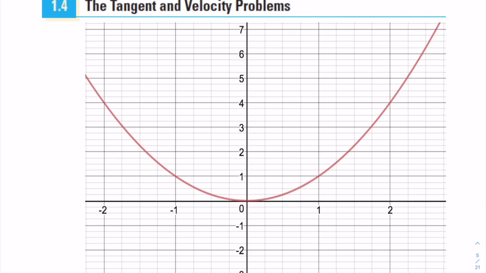Now, for those of you that picked these 2 points, you guys actually found the average rate of change of that dotted line right there. For those of you that picked maybe 0 and 2, you guys found the average rate of change between 0 and 2.